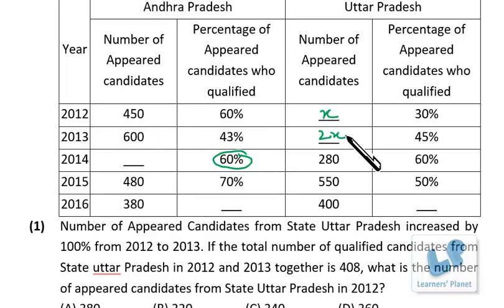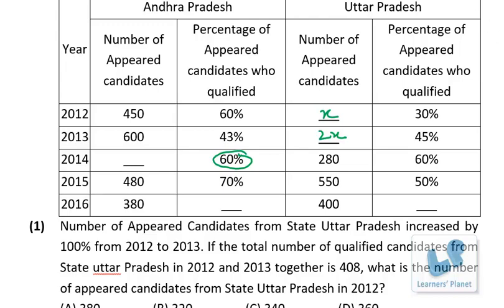If the total number of qualified candidates from Uttar Pradesh in 2012 and 2013 together is 408, what is the number of appeared candidates from Uttar Pradesh in 2012? So precisely we have to find the value of x.